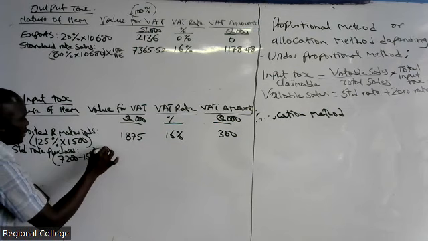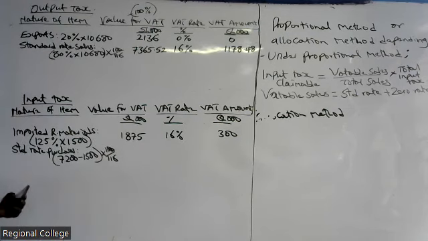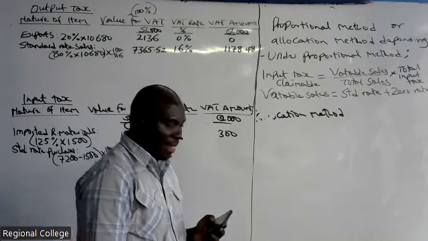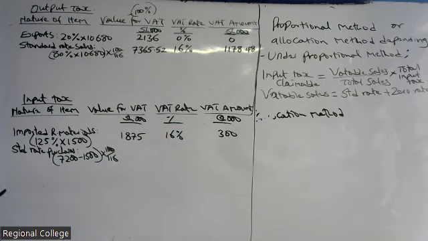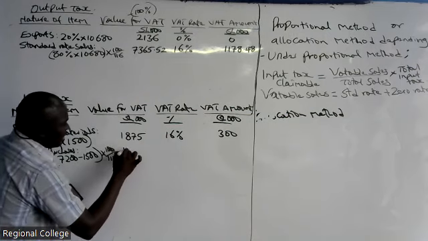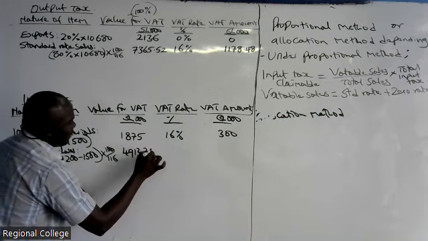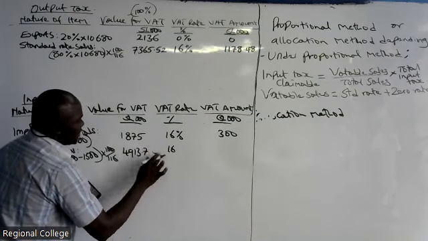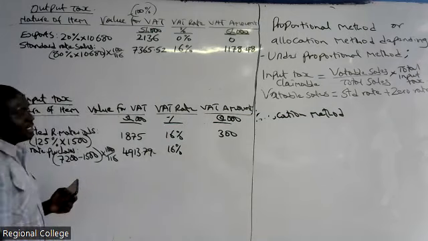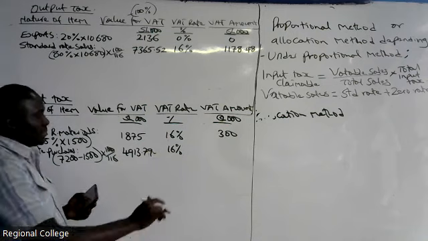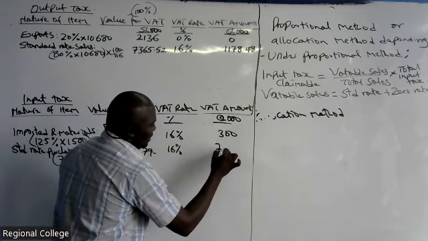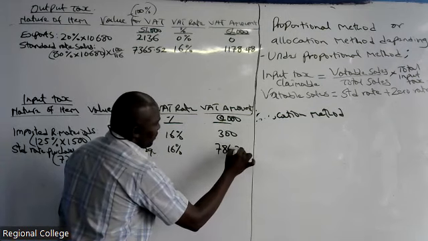But that one has VAT, so times 100 over 116, giving 49.75, times 16%, which is 786.21.